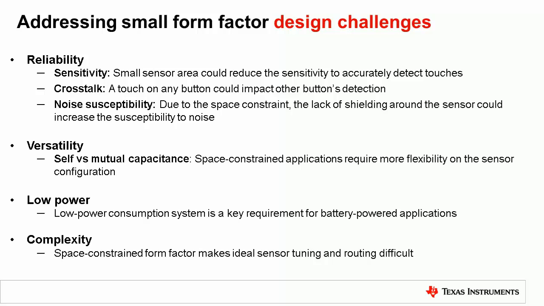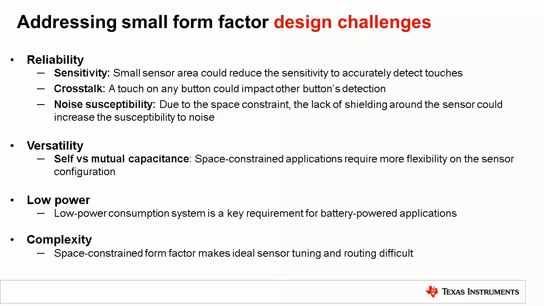Some typical design challenges with small form factor designs are reliability, versatility or flexibility, power consumption, and complexity. We need to be able to reliably detect a touch and conversely not detect a touch when there is a presence of noise.